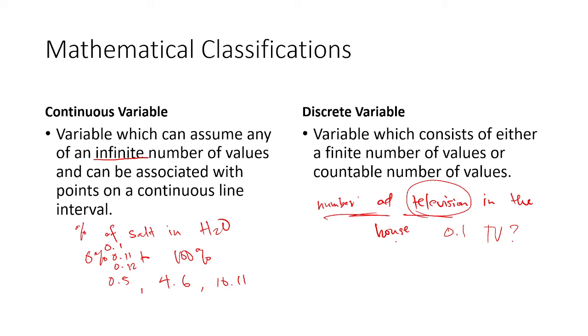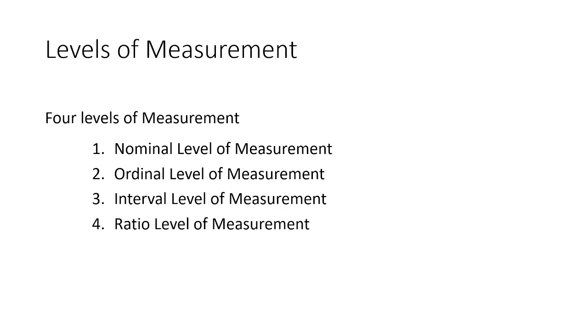Just like the number of members of the household. So, hindi ka naman pwedeng magkaroon ng 0.5 na kapatid, di ba? So, yun yung ibig sabihin natin dyan sa discrete at continuous variable. So, yan yung difference nilang dalawa. Okay. So, in that, since nandun naman na tayo sa numbers, diretso na tayo rin sa levels of measurement.